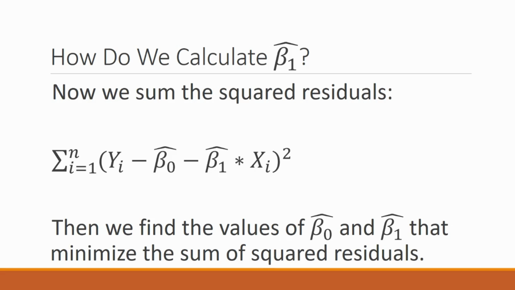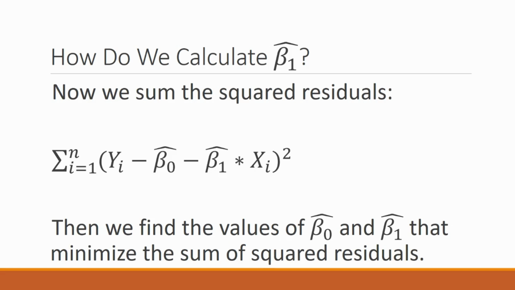Then we find the values of beta 0 hat and beta 1 hat that minimize the sum of squared residuals. Whatever values of beta 0 hat and beta 1 hat minimize the sum of squared residuals, those are the values we will use.